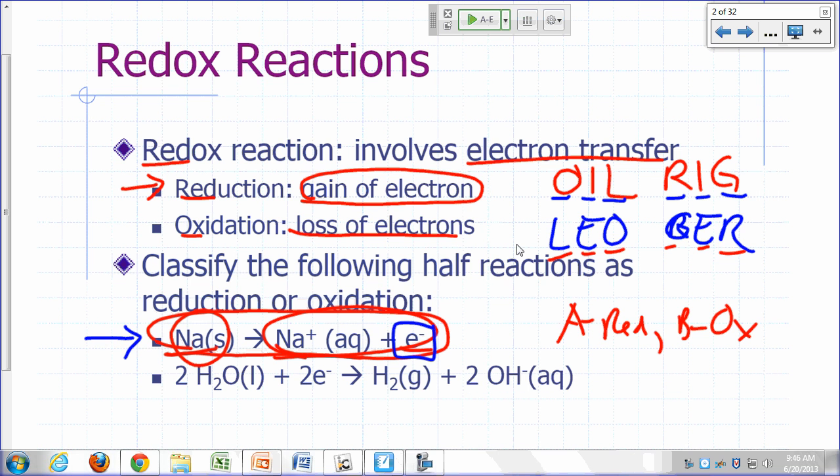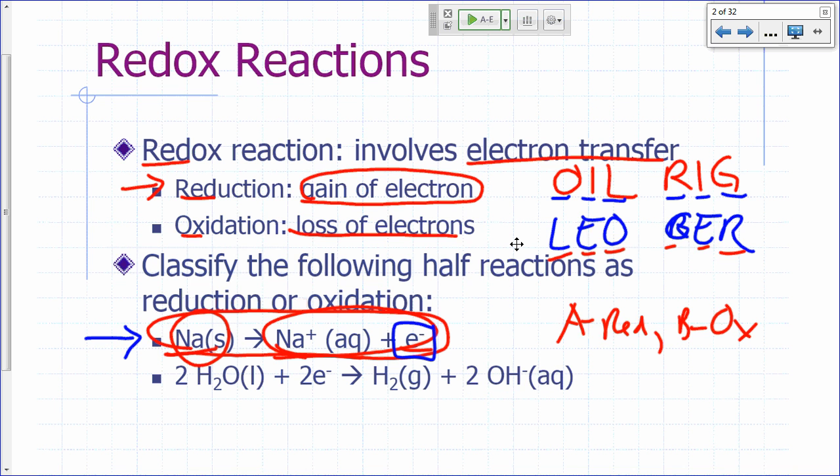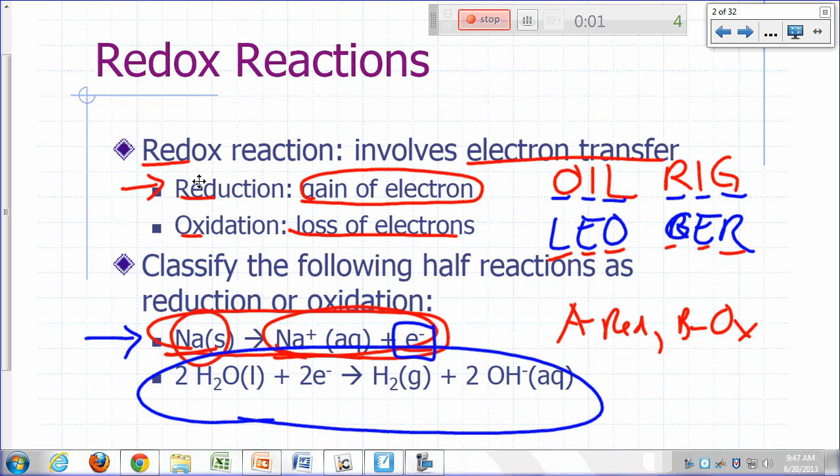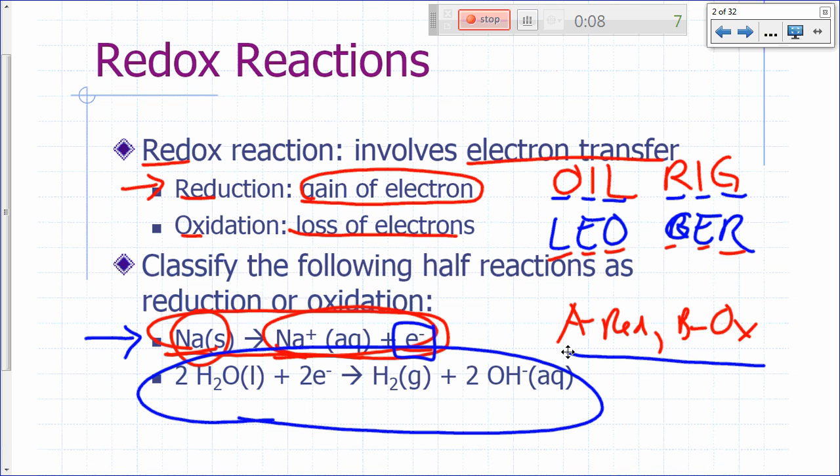How about the second one? Is that A, reduction, or B, oxidation?